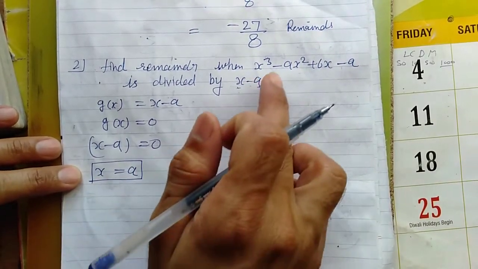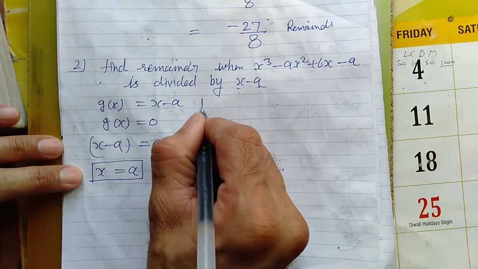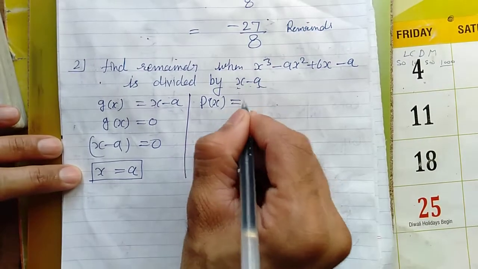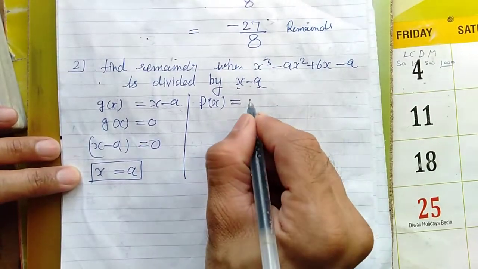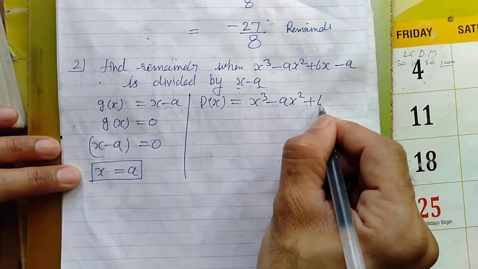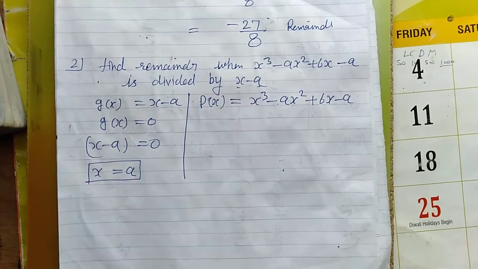This value we will replace in this polynomial px. So here we have px equal to, I'm writing as it is, x cube minus ax square plus 6x minus a.